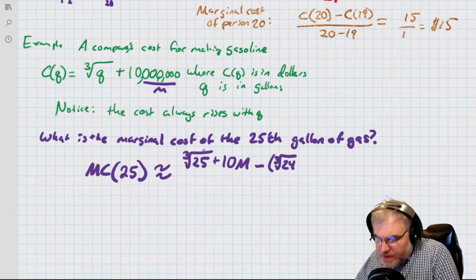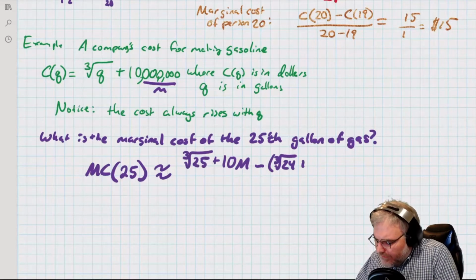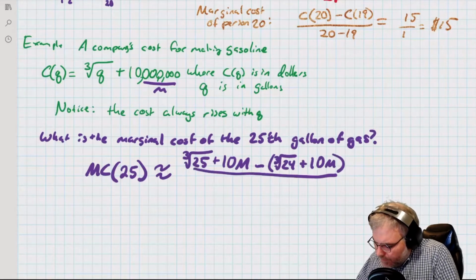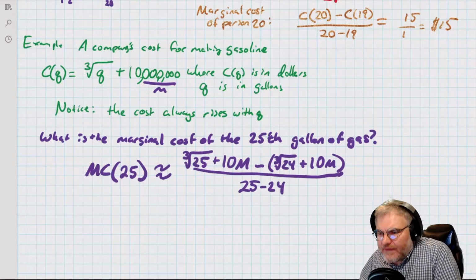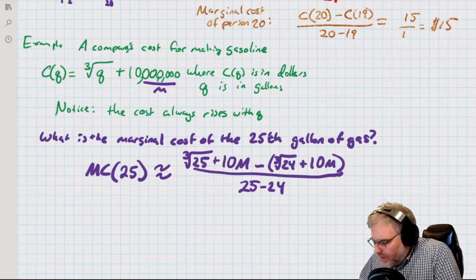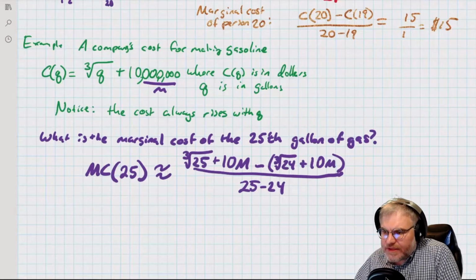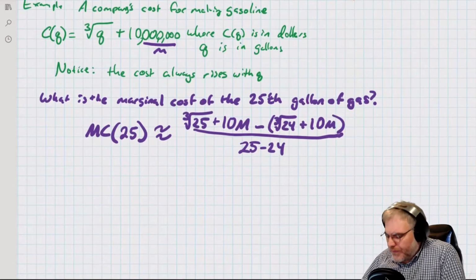So the cost of producing 25 gallons minus the cost of producing 24 gallons. Of course, totally unrealistic. How do we feel about that kind of idea?